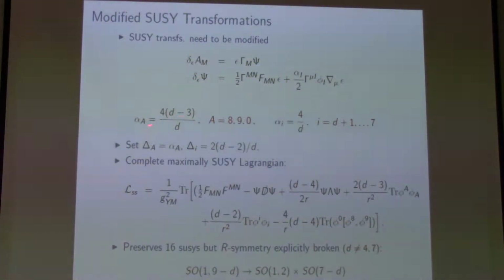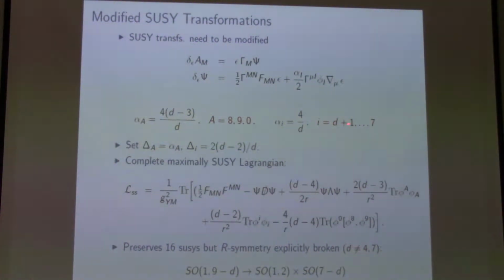Okay, and it turns out that these constants that appear here actually depend on what the value is of I. If you choose I to be 8, 9, or 0, which I'll call a capital A, then alpha equals this, depending on the dimension.